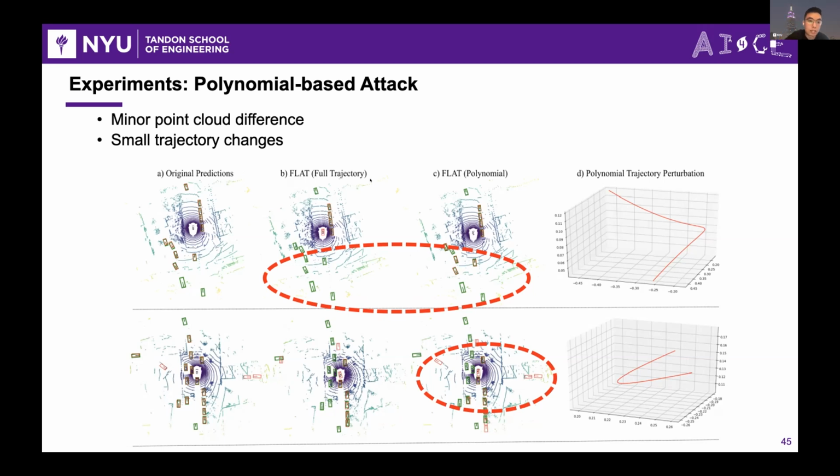Here is the original point cloud, and the second figure is the point cloud after discrete trajectory perturbation, and you can see that there is still a little difference between these two frames. However, if we implement a polynomial trajectory perturbation, it is very hard for human eyes to differentiate these two LiDAR frames, because now the neighboring packets have a very small difference due to the smoothness constraint.